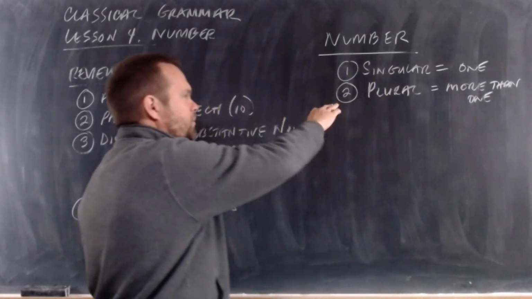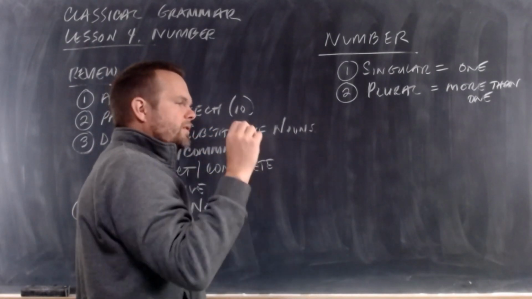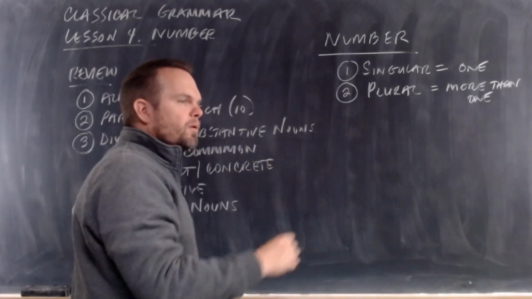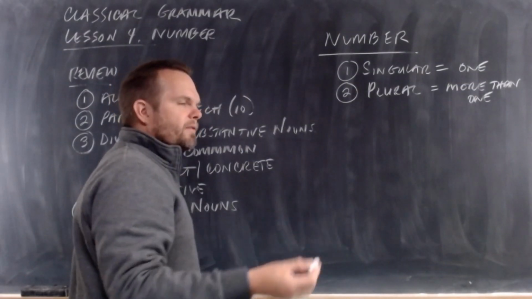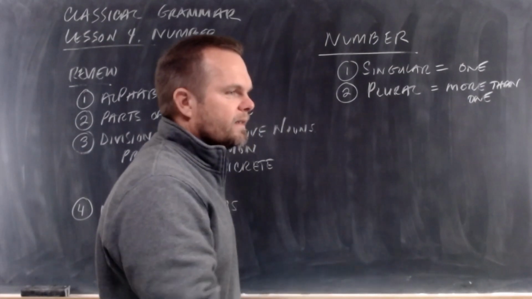If we want to speak of more than one, but we want to identify the specific number we're talking about, we don't have some special form of substantive nouns. We add an adjective.